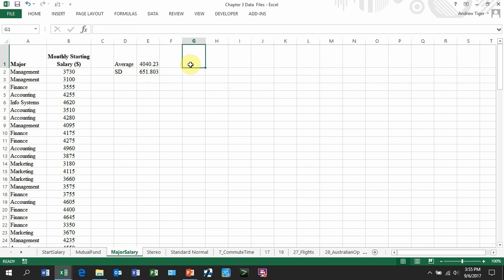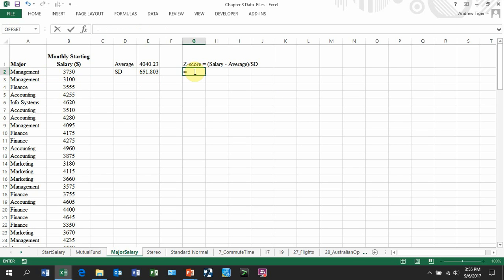So now I can calculate the z-score. The z-score is equal to the starting salary minus the average, all divided by the standard deviation. So for this first person, that's what their monthly starting salary was.